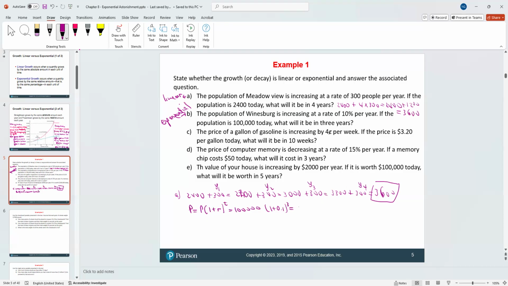So you have 100,000 times 1.1 to the power 3. I bet when you do it in your calculator, the answer would still be the same: 133,100 after 3 years for an exponential growth.